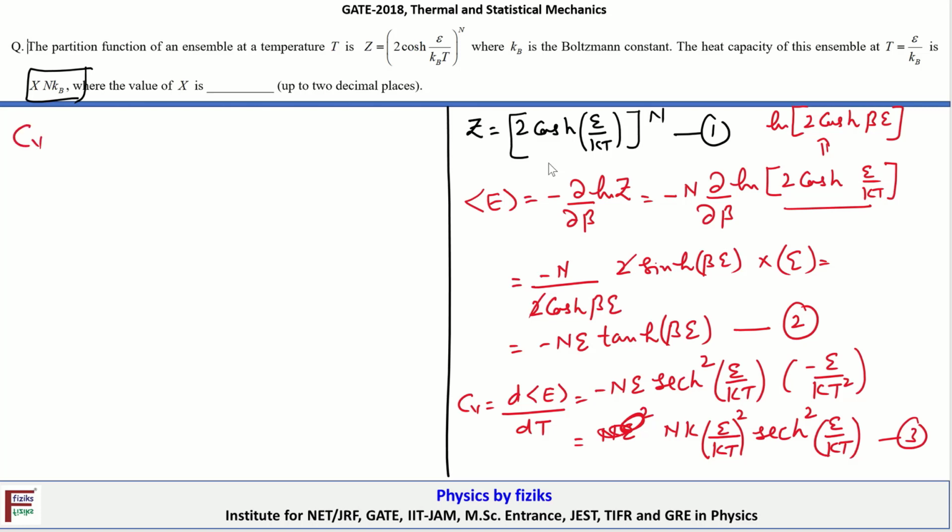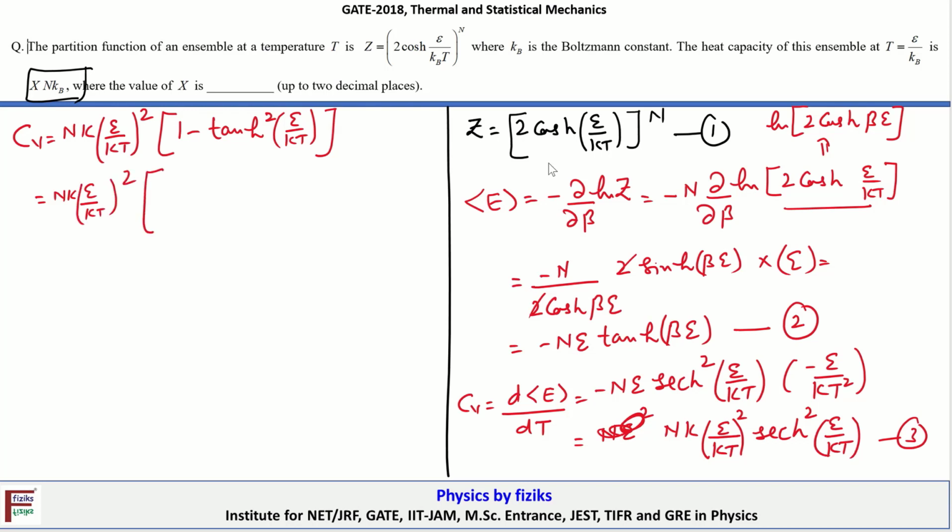So Cv is equal to nk (E/kT) squared, and then sech squared x is equal to 1 minus tanh squared x. So I'm replacing it with 1 minus tanh squared(E/kT), and this can be rewritten as nk (E/kT) squared times 1 minus tanh squared.